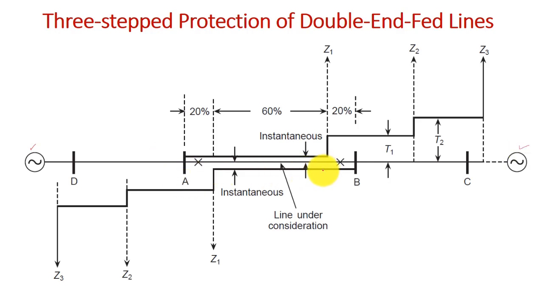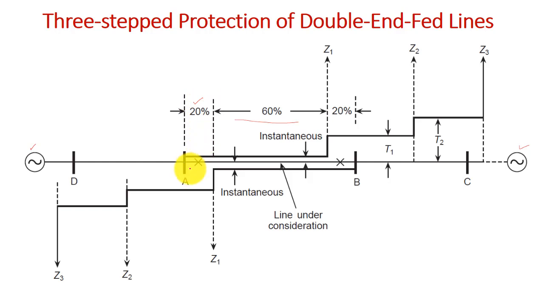Therefore on both sides we have distance relays, and these protection schemes are three-step protection schemes. So we see that this 60% of the line is in fact instantaneous, it is giving instantaneous protection, right? And the other 40% it is not.